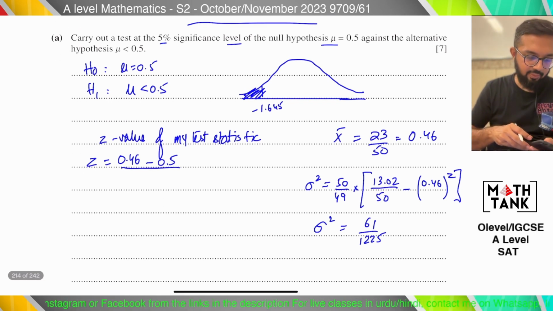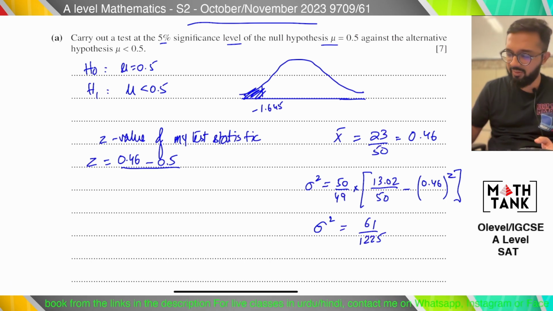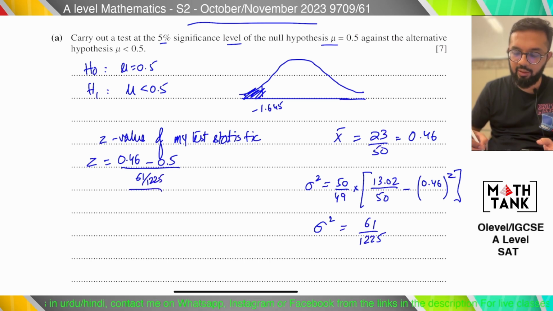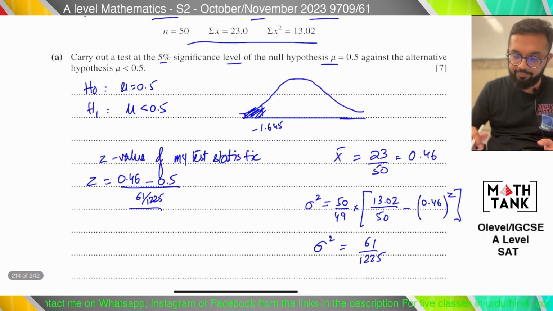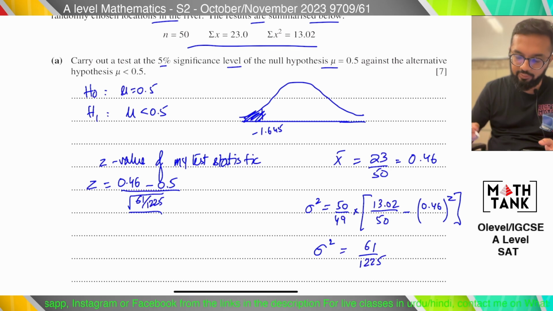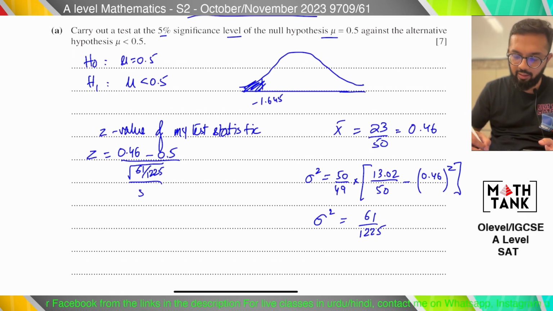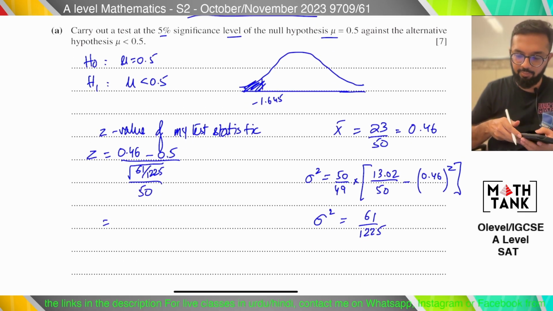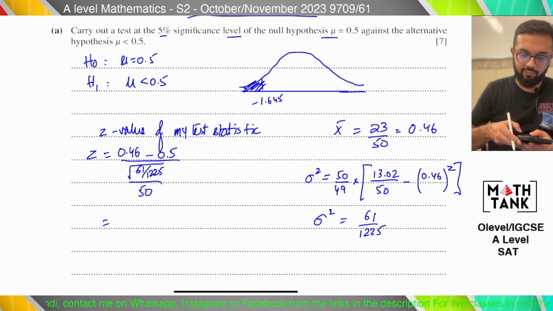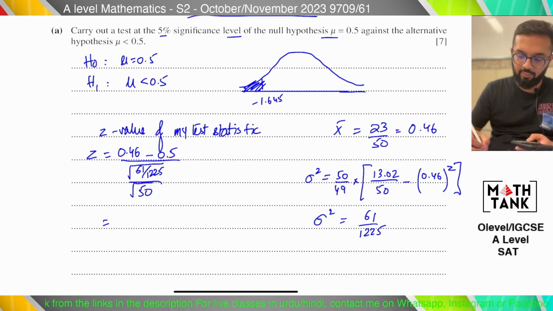What is that in decimals? No reasonable decimal, it's a lot of rounding off. So I'm just going to use that, 61 over 1225 divided by n, and let's see if I can get a better answer from there. Okay, so I have 0.46 minus 0.5 over the answer divided by root n.